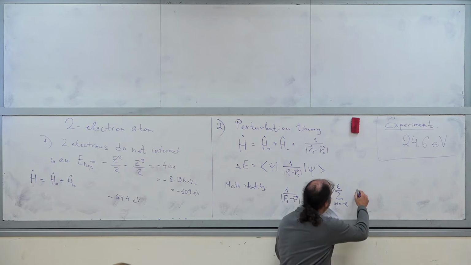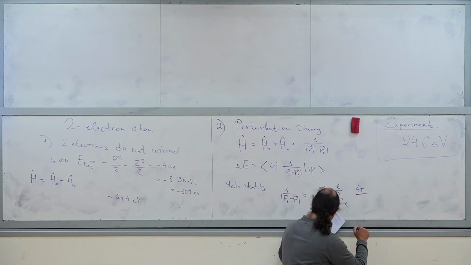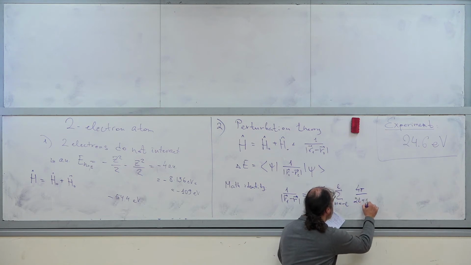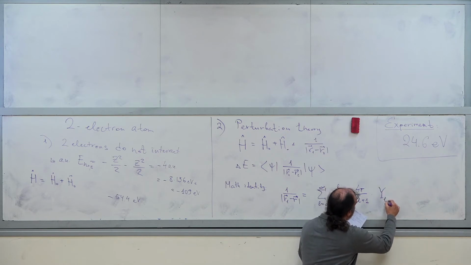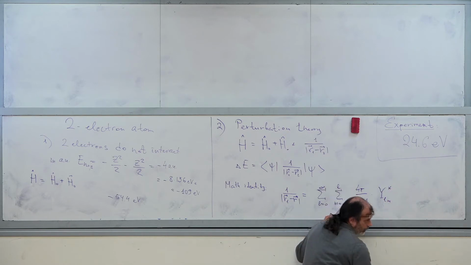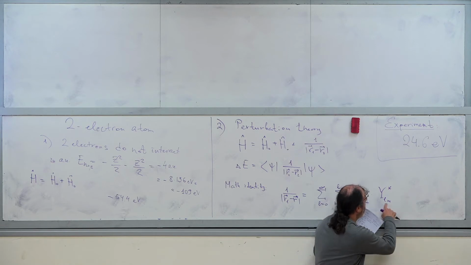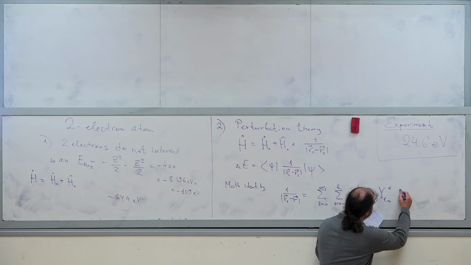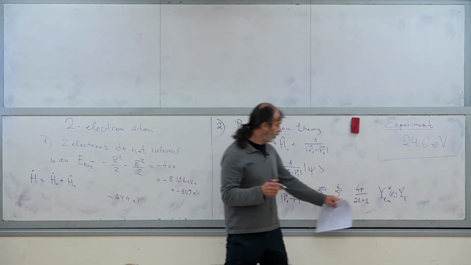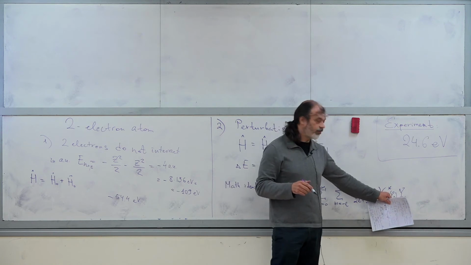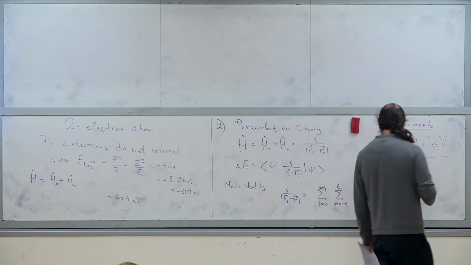So it's 4 pi divided by 2L plus 1, multiplied by the spherical harmonic Y_LM star, the complex conjugate of the spherical harmonic LM, multiplied by the spherical harmonic LM. That's the spherical harmonic of the R1 part, which defines theta 1 and phi 1. So R1 means theta 1, phi 1.